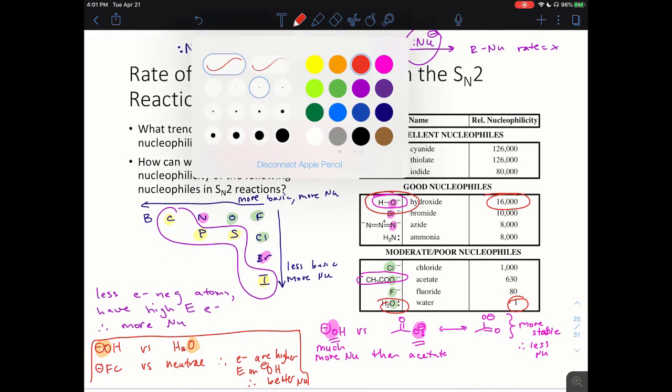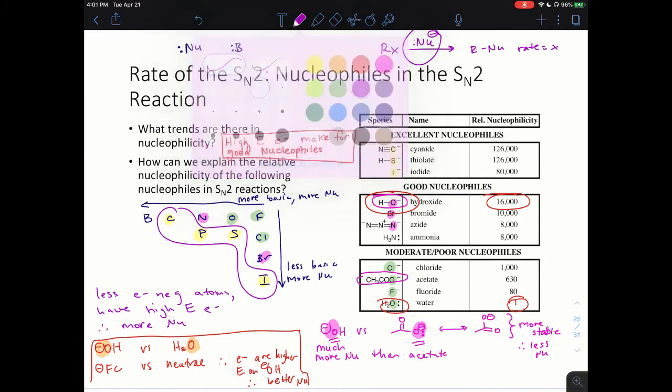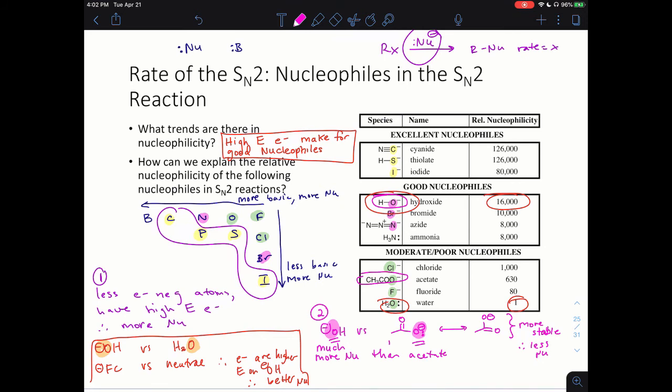All right, so three trends here. The big trend was less electronegative atoms have higher energy electrons and they're more nucleophilic. Second trend, if you have the same atom with the same formal charge, like hydroxide versus acetate, if you have a nucleophile that is stabilized by delocalization of charge, then it's less nucleophilic, right? More stable, less reactive, less nucleophilic.